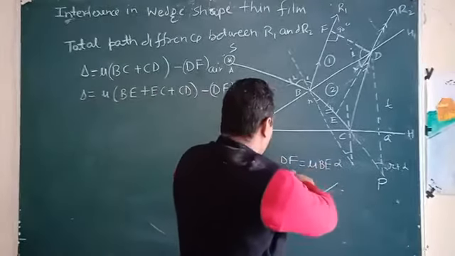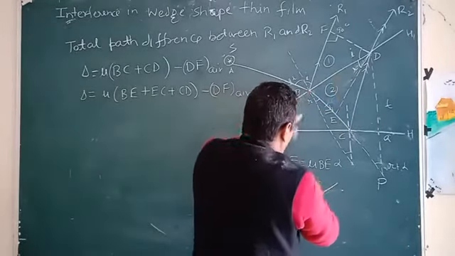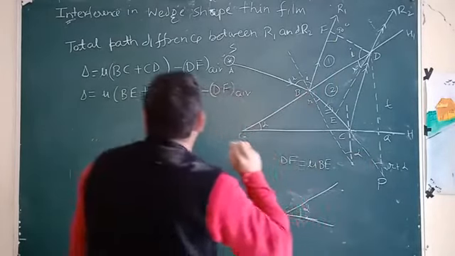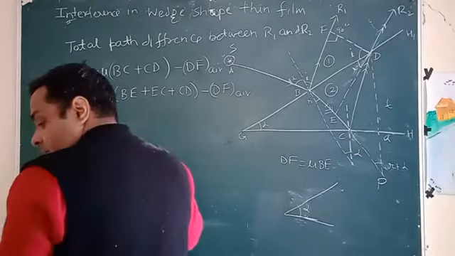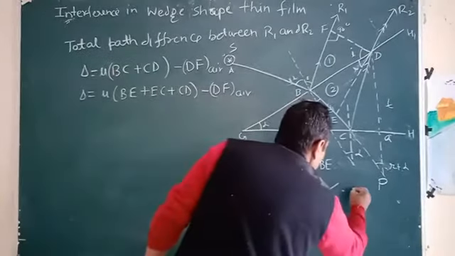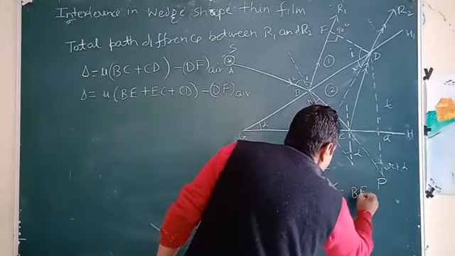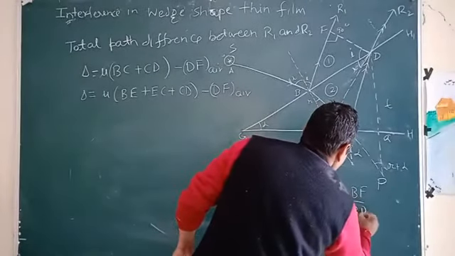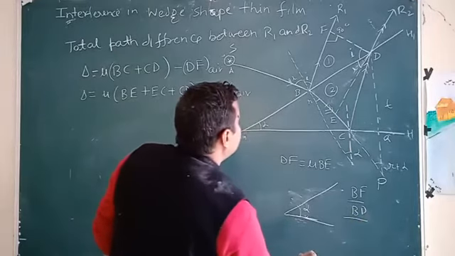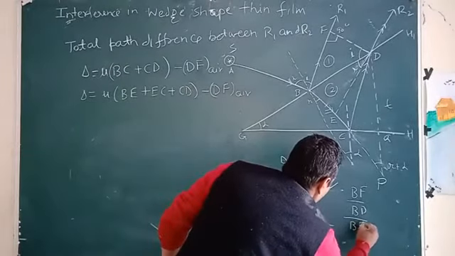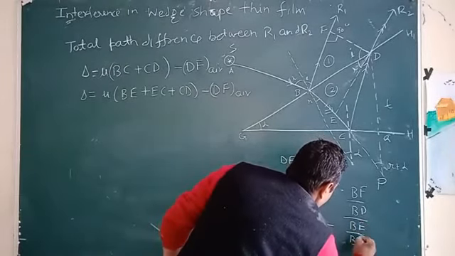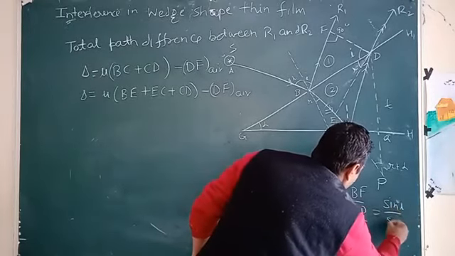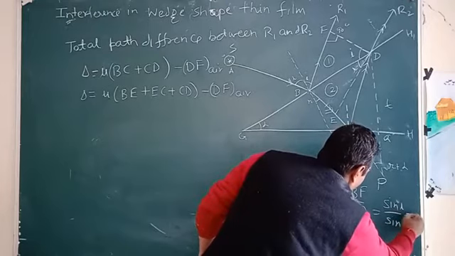This is because BF upon BD and BE upon BD give sine i upon sine r, which is mu.